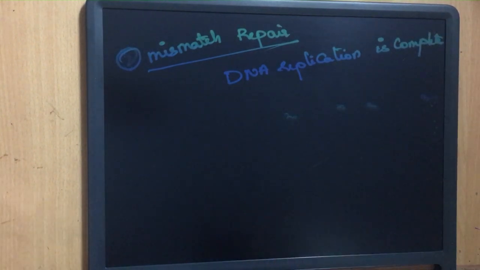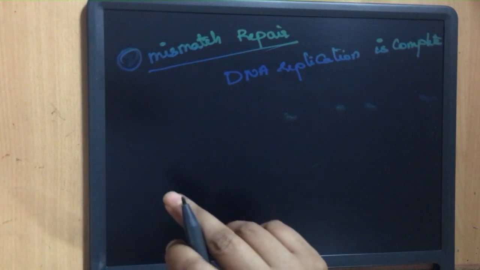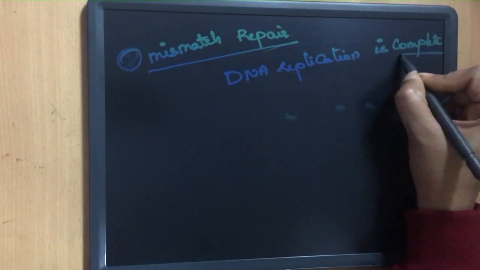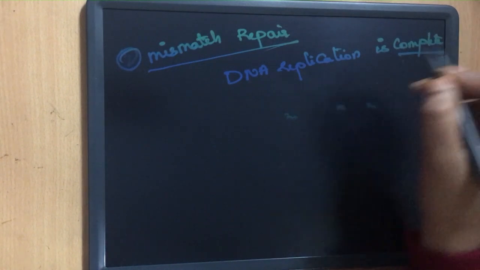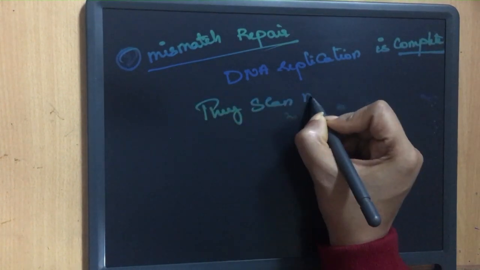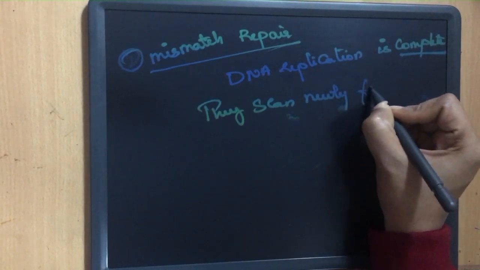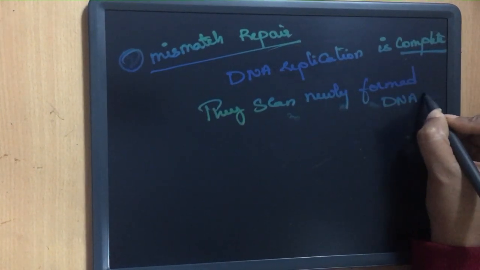Proofreading is done while DNA replication is happening. Mismatch repair is done when DNA replication is complete. Mismatch repair mechanisms scan the newly formed DNA strand.